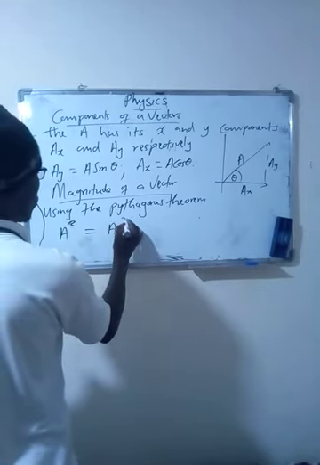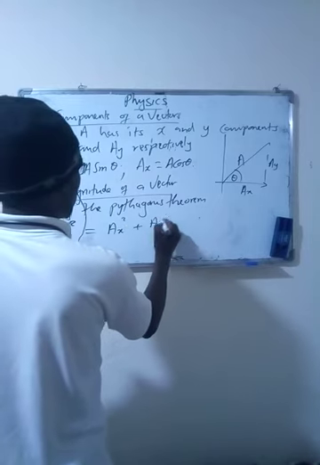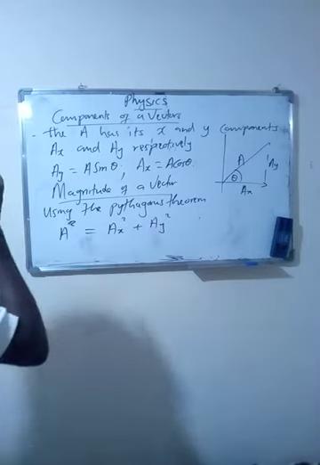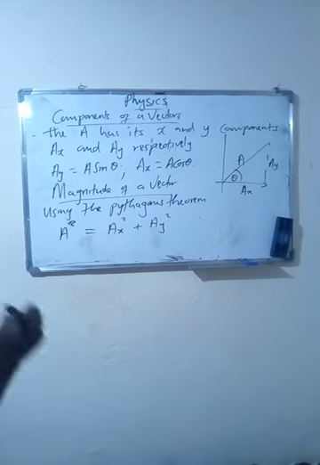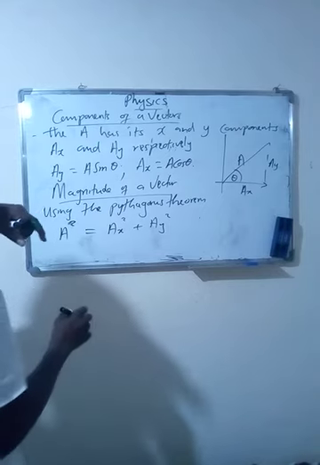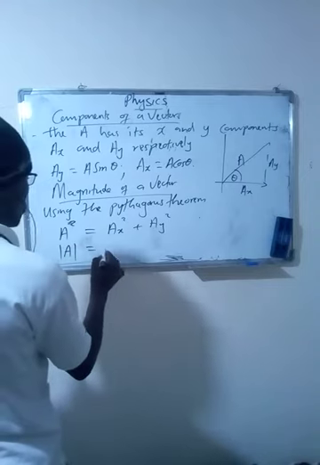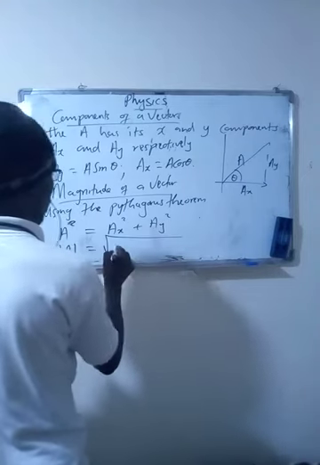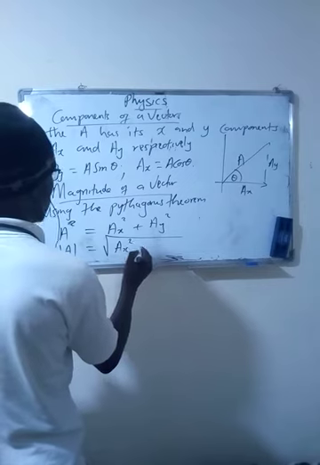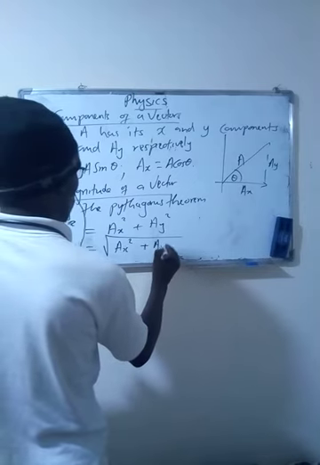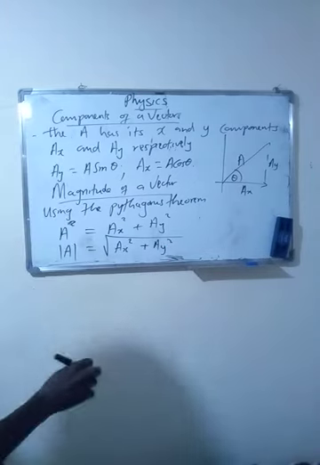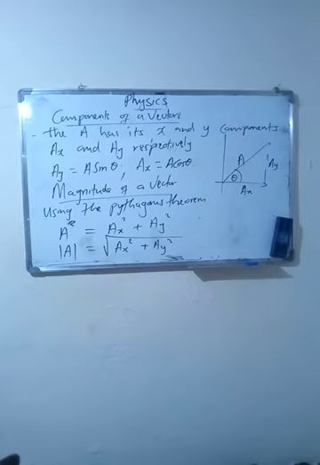So, we're going to have A, which is the magnitude of that, is going to be the root of AX squared plus AY squared. Okay. So similarly, if this particular vector is in 3 dimensions, right? If it's in 3 dimensions, let me write that down.